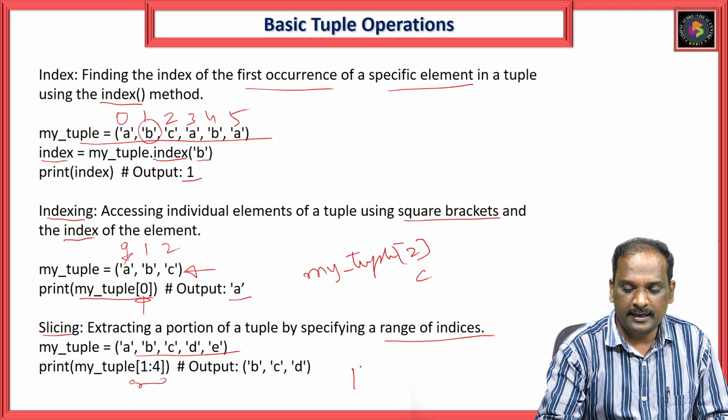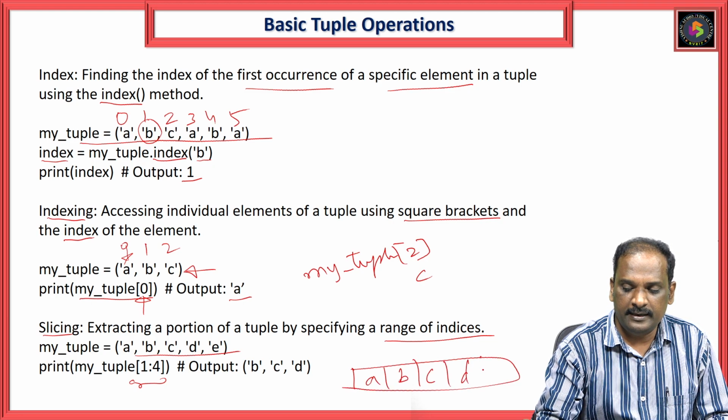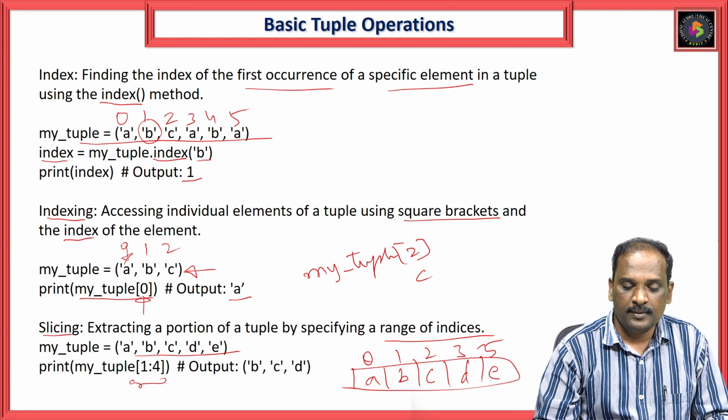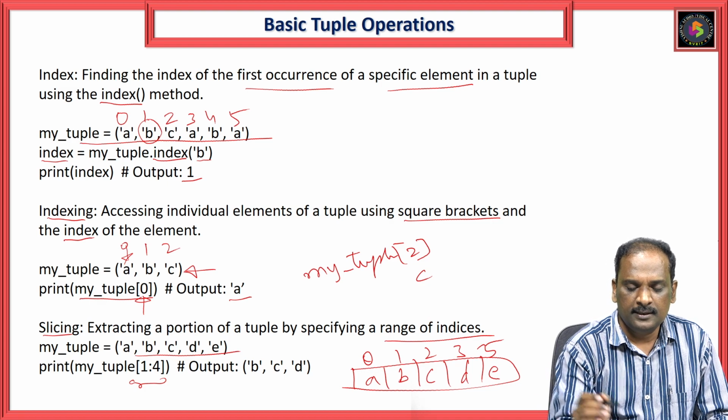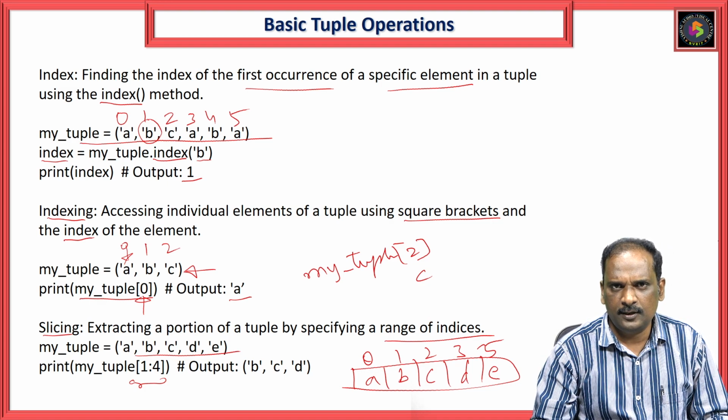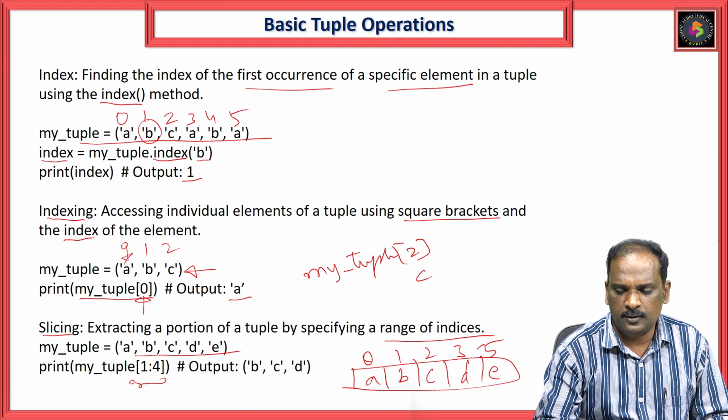The elements are A, B, C, D, E, and the indexes are 0, 1, 2, 3, 4. The index range I have specified is 1 colon 4. The index 4 is not taken; it will stop before 4, that means it will stop at 3.